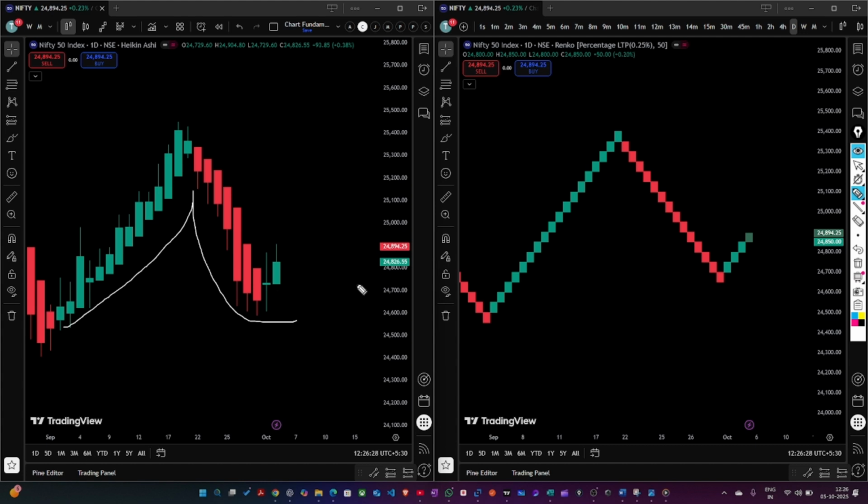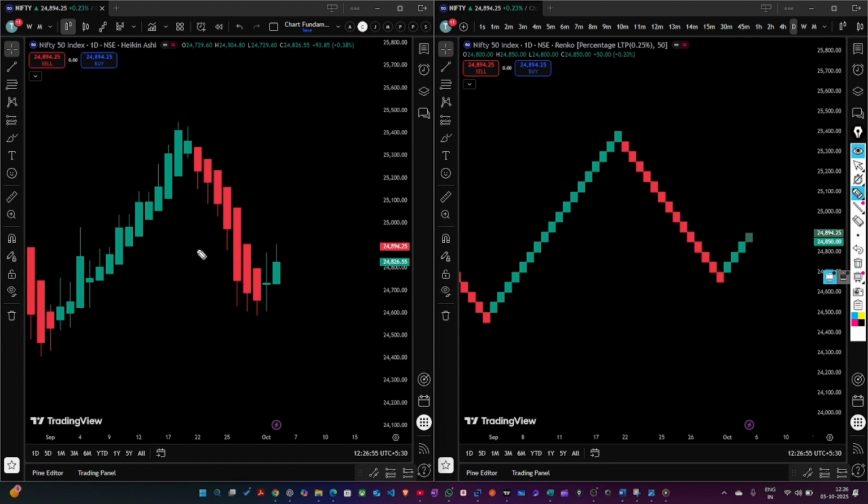There is a lag between the real price and this because these are generated based on averages, which are based on the real prices. So there is a lag and these are not real prices, which is the main drawback of Heikin Ashi charts. These two problems are fixed by Renko charts.